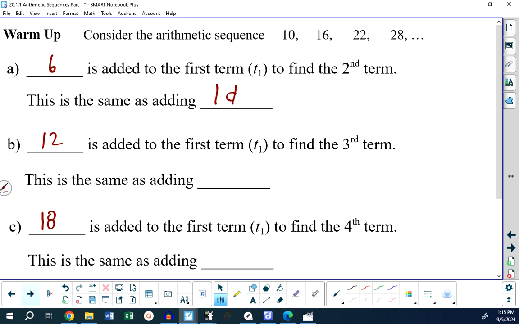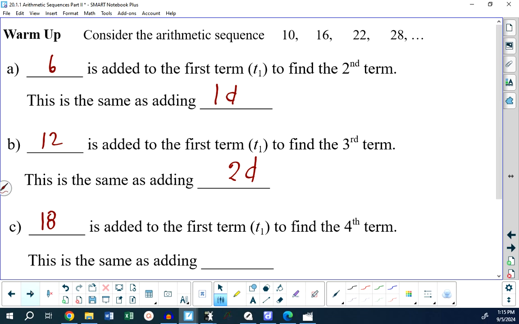The answer to B for any arithmetic sequence is the thing that you add to the first term to get the third term is two common differences. You go plus D, whatever D is. Here D happens to be 6, but it doesn't always happen to be 6 clearly.